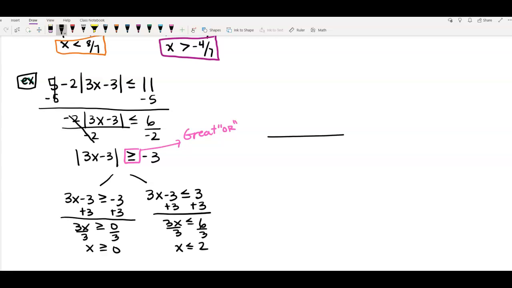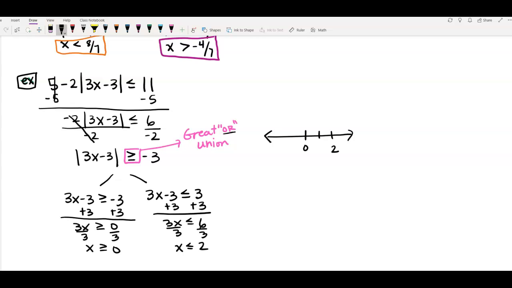So if I graph this out, remembering that this is an OR statement, so I want the union of these, I'm graphing these two out here. So here's 0, and here's 2.